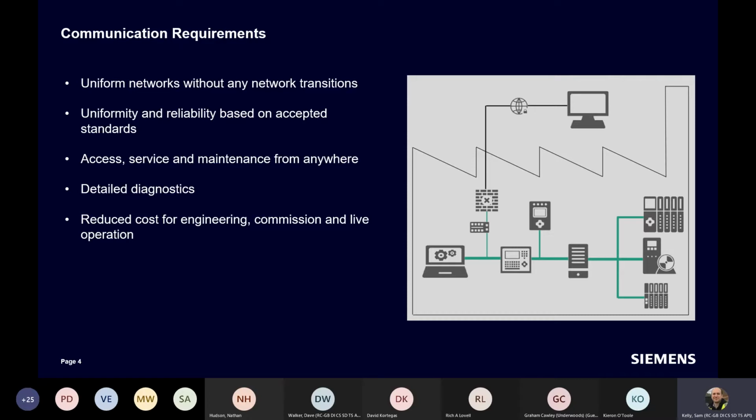Some of the main benefits of having an Ethernet-based communications network is that it's pretty much standard. Well, it is standard. So we have, for example, engineering workstations, which could just be a bog standard laptop with an Ethernet interface on it, and we can communicate to our Profinet devices with that Ethernet interface.